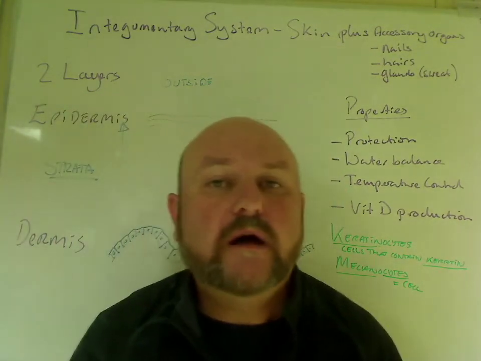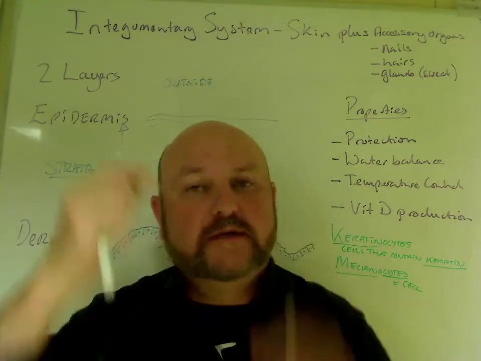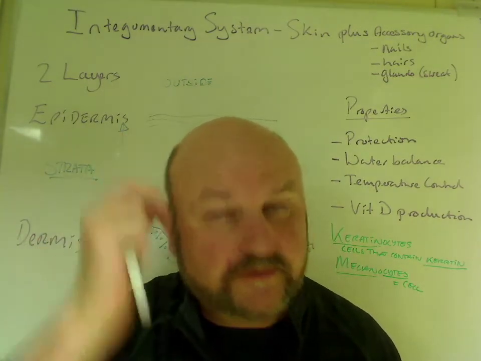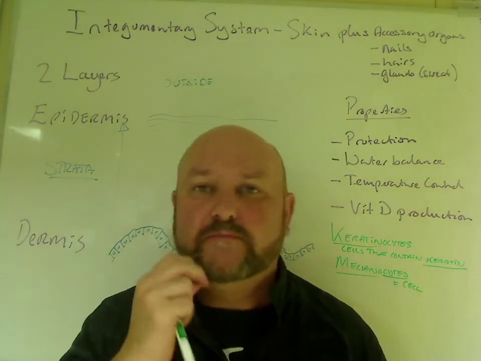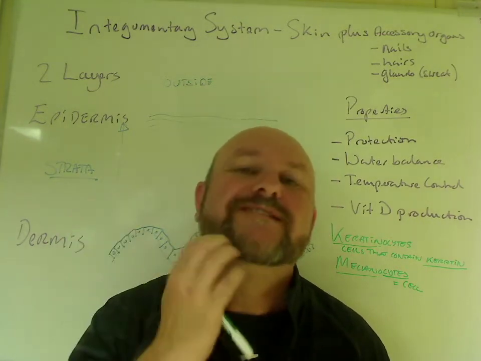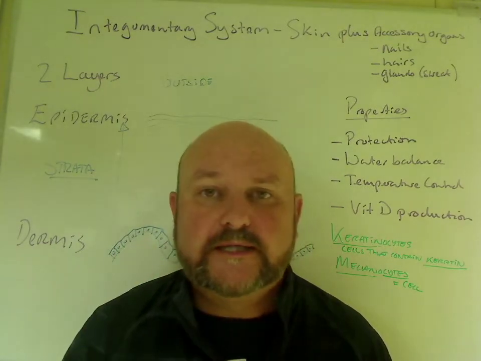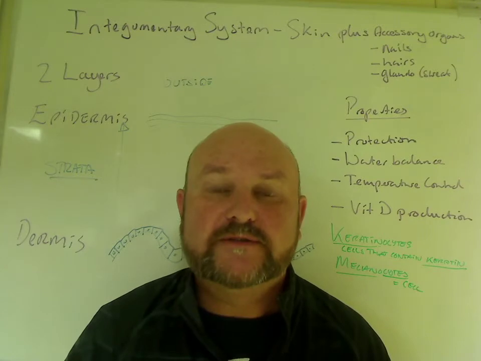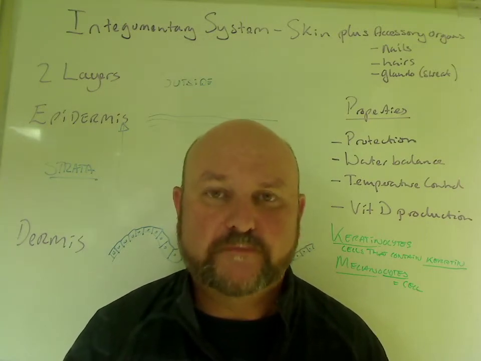Keratin is a hard protein which forms the strength of our nails, and our hair. So both the nail tissue and the hair tissue, once it's come through the skin, is dead cells, but it's made up of cells thick with keratin protein.